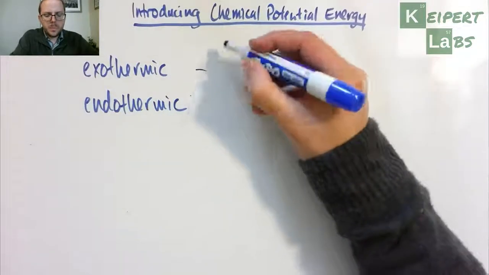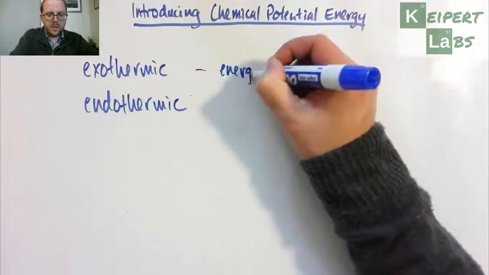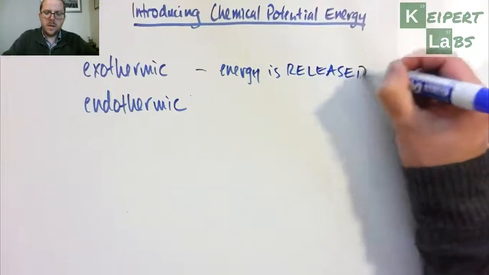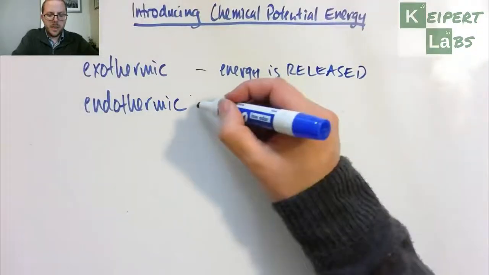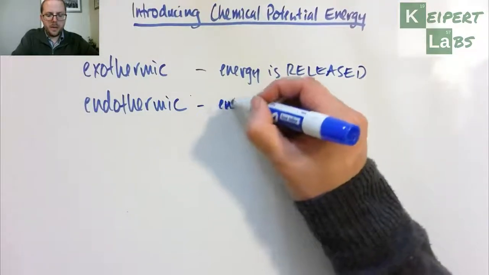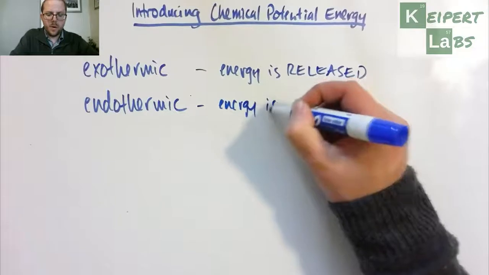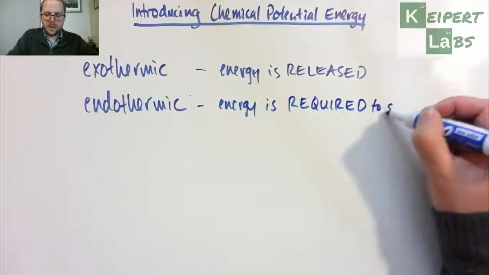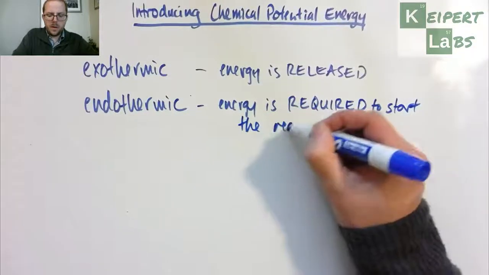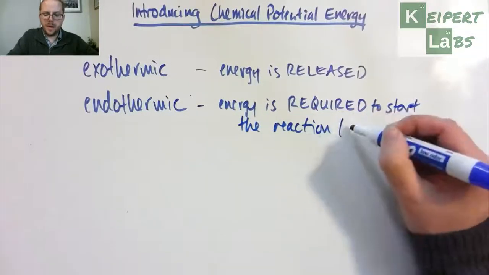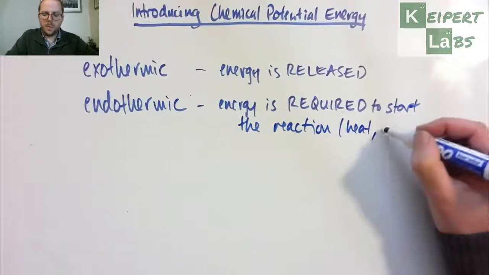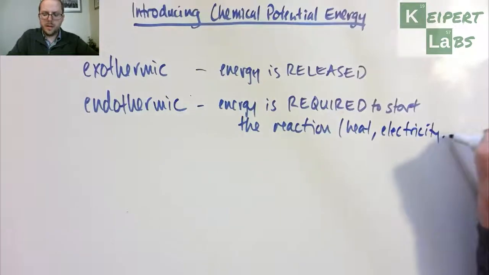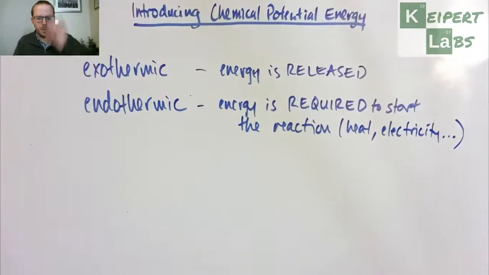Exothermic is where energy is released during the reaction, and then endothermic is where energy is required to start the reaction. Typically we might be thinking about heating, or we might be thinking about electricity.